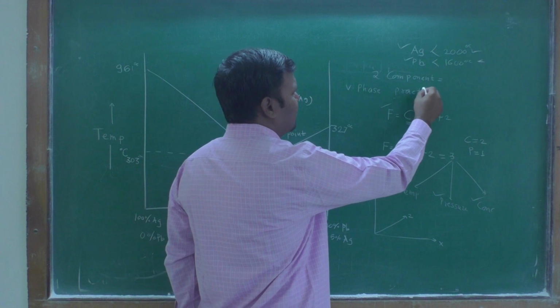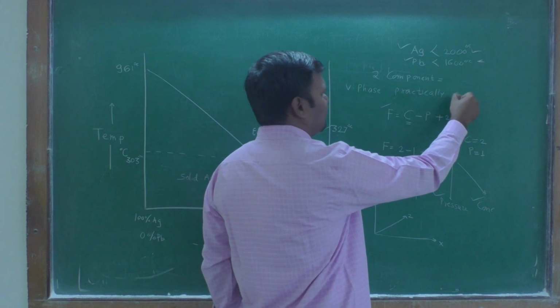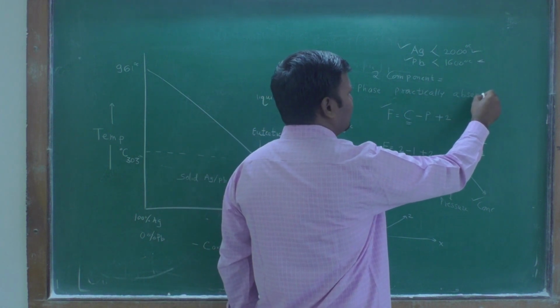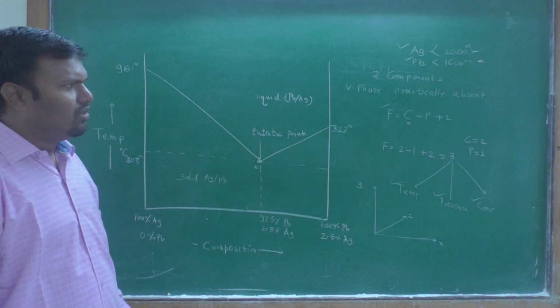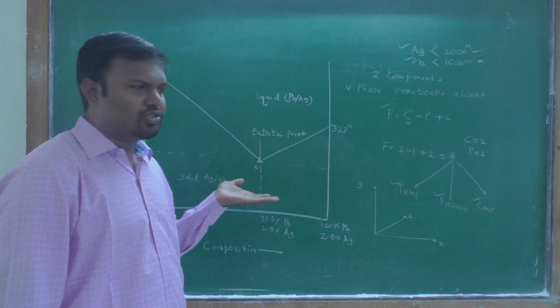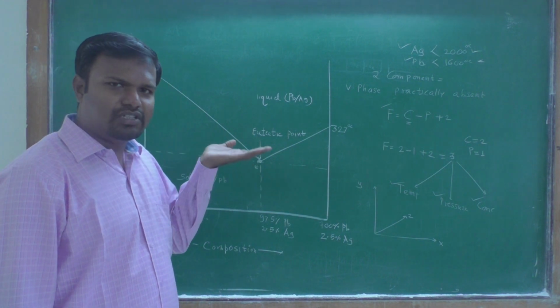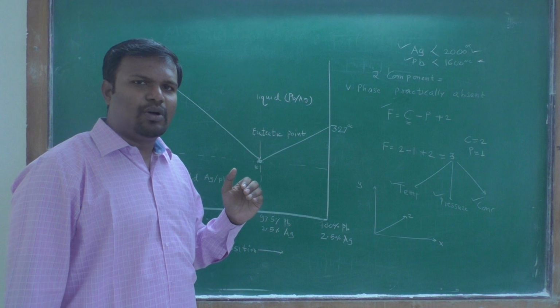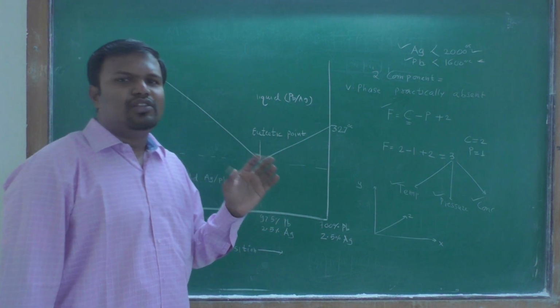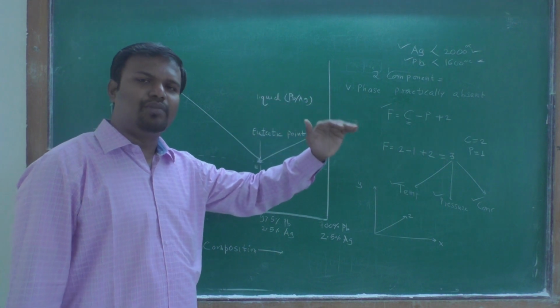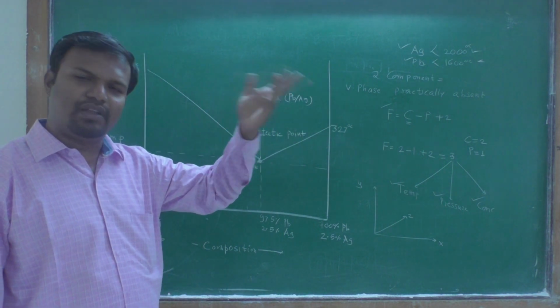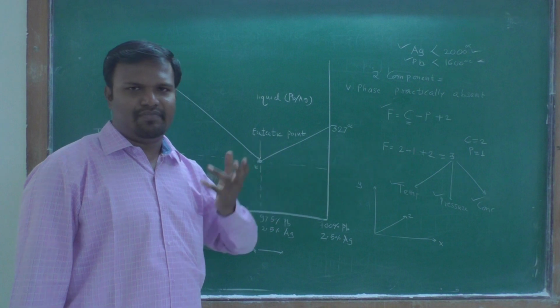Because their boiling point is higher, the vapor phase is practically absent in this case when the two alloys are mixed. It requires a very high temperature to boil, and at the boiling point the liquids are in contact with the vapors, and the vapor phase will act.